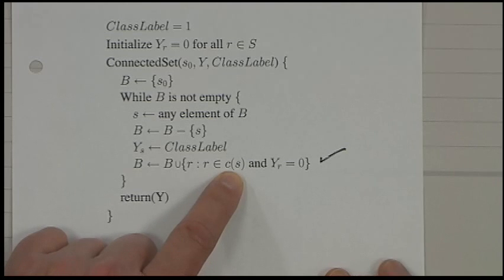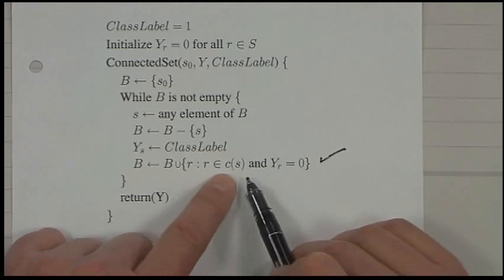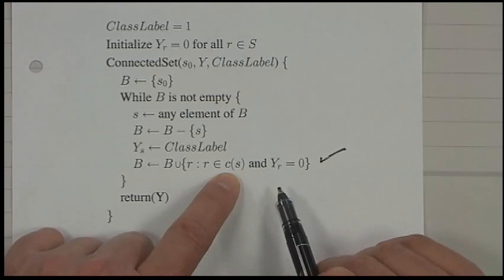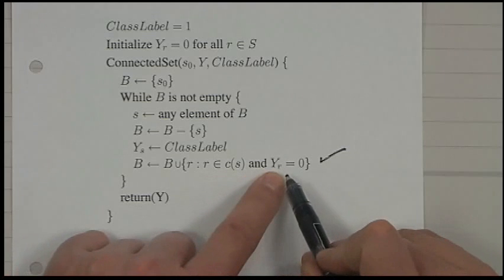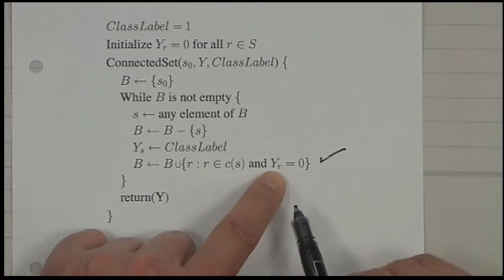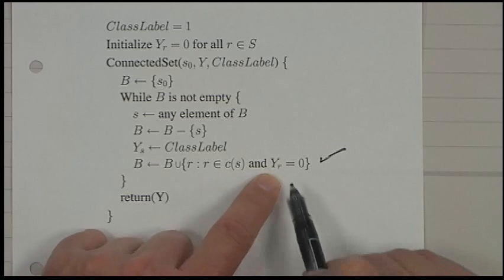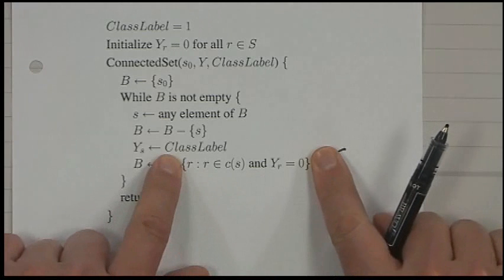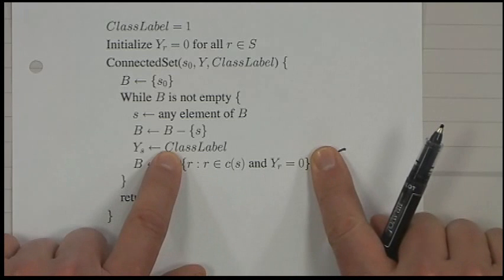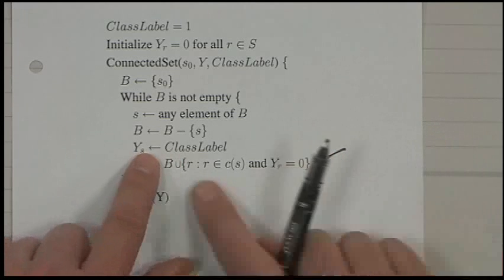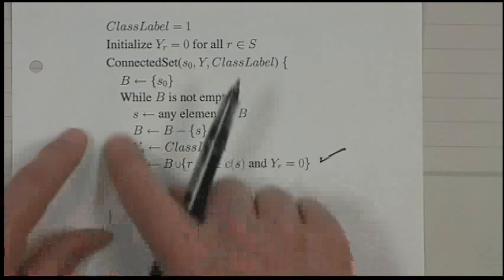If it's already been labeled, I don't want to do it again, otherwise I'll just keep going around in circles. So I take all the pixels that are connected to S that have not yet been labeled, that is, if their label is 0, because that's the unlabeled pixels. These are all the neighbors of S that have not yet been labeled, and I add them back to B, and then I repeat.